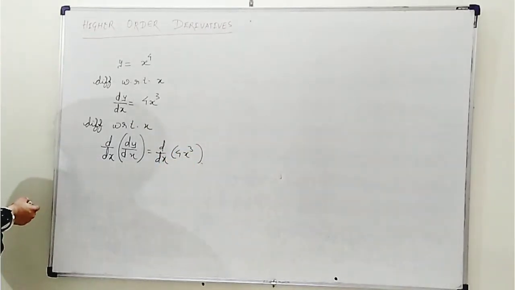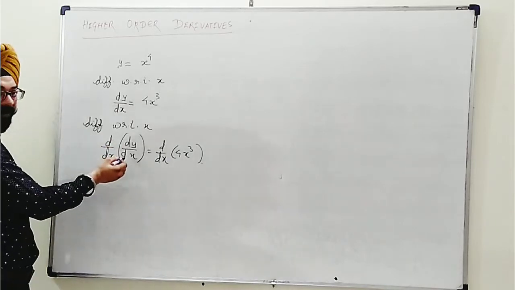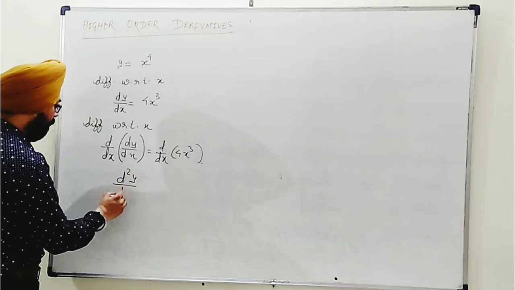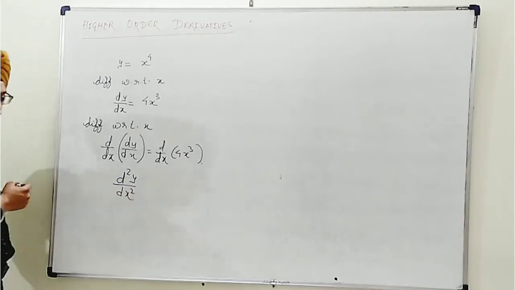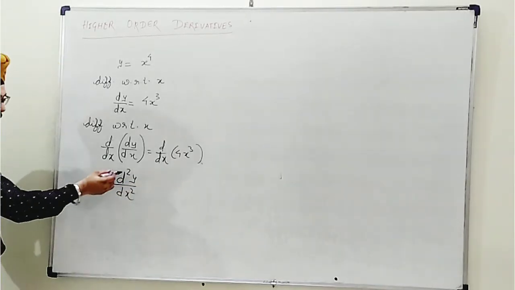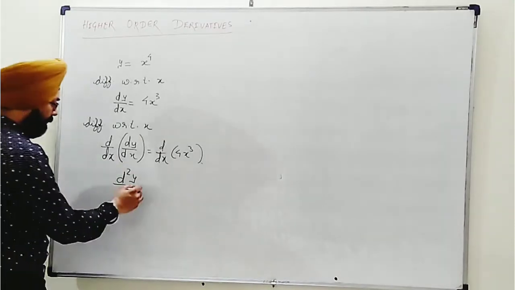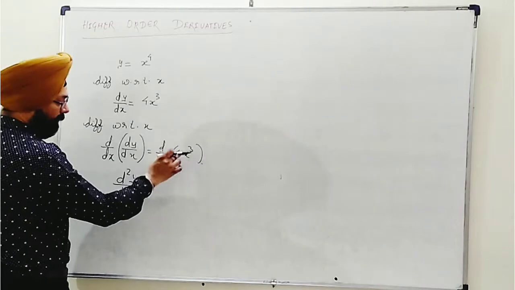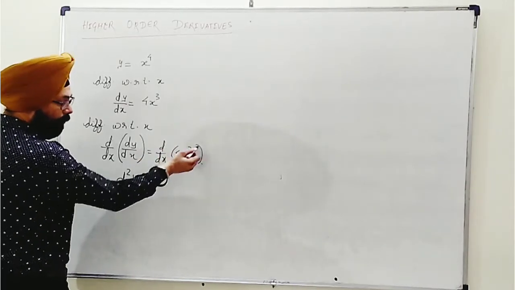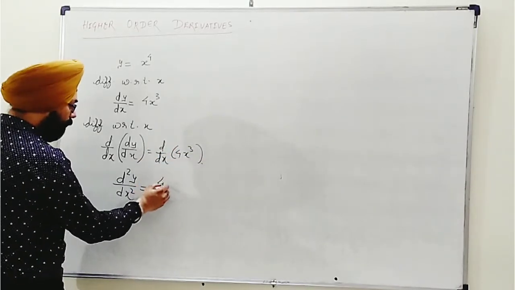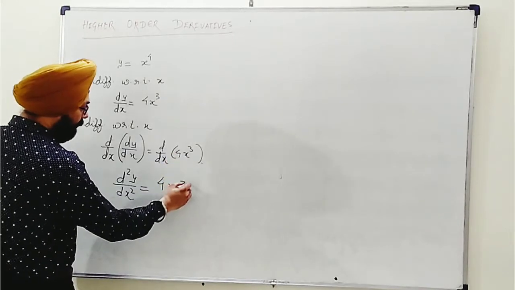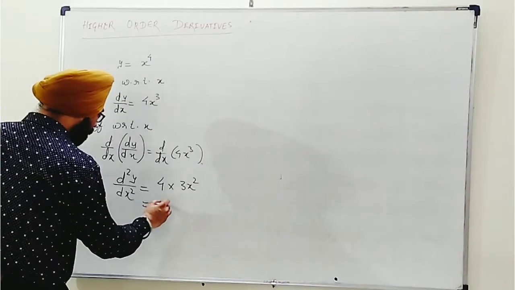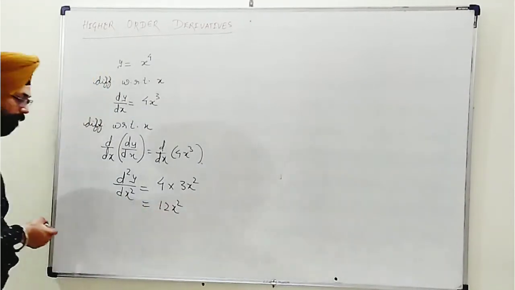Now this d by dx of dy by dx is expressed as d square y by dx square. It shows that we are doing the second time differentiation, and the procedure remains as it is, no change. 4x cube is to be differentiated, so 4 and x cube when differentiated becomes 3x square. So the second time differentiation becomes 12x square.